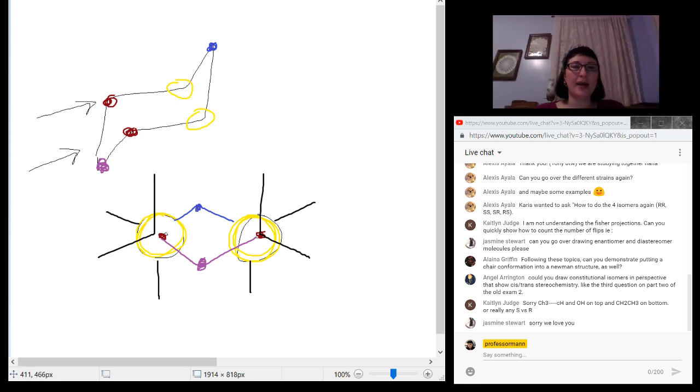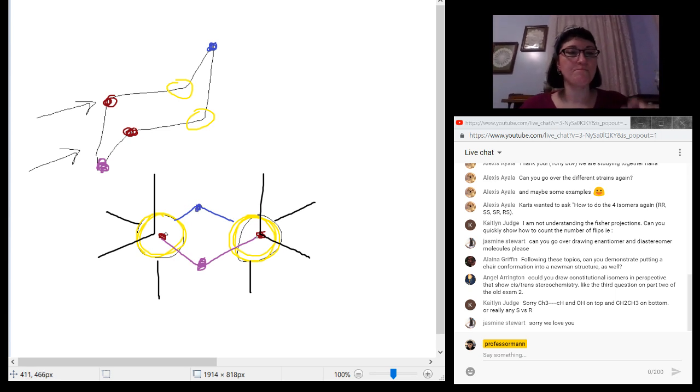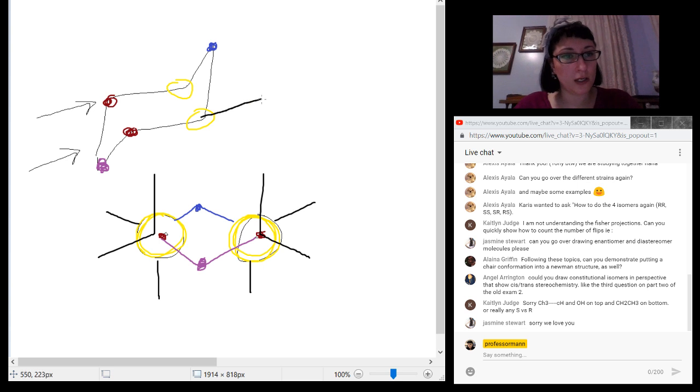Now, if you have something on this molecule, so let's say back here, there we go. I have a bromine in the equatorial position pointing up, right? So everyone has one pointing up and one pointing down.